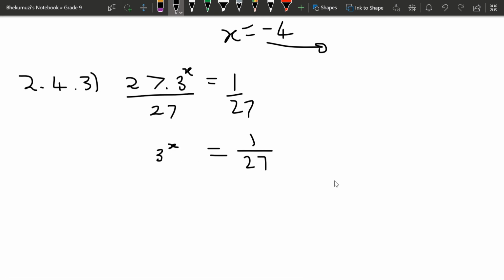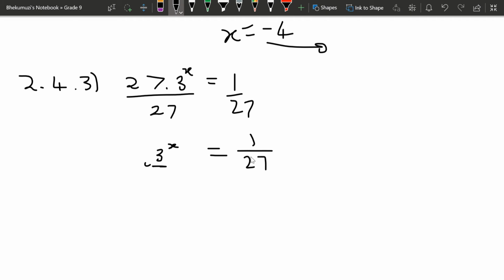But because it's an exponential equation, what do exponential equations actually require from us? It requires us to have the same base on both sides. In this case, it is 3, so we need to find a base that is 3 to some exponent that will actually be the same as 1 over 27.